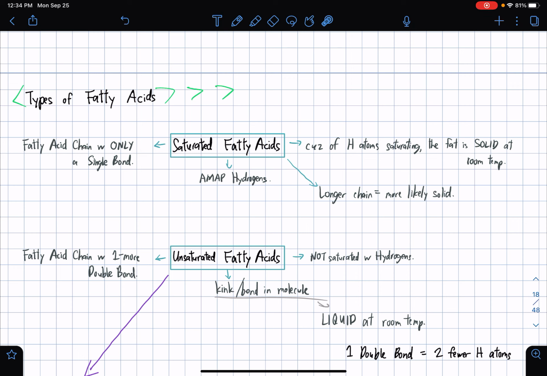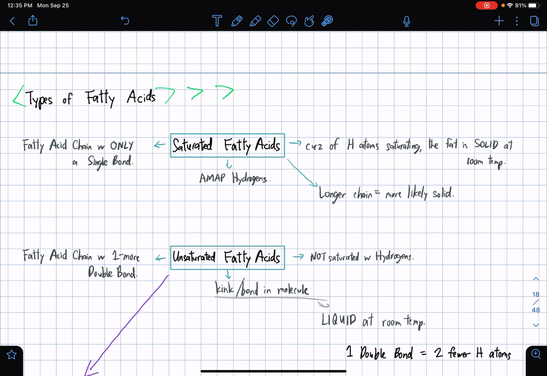For the types of fatty acids, we have saturated and unsaturated. Saturated fatty acids are fatty acid chains with only single bonds. I mentioned this to you earlier.